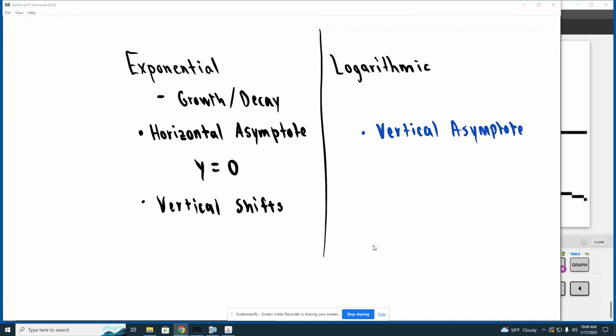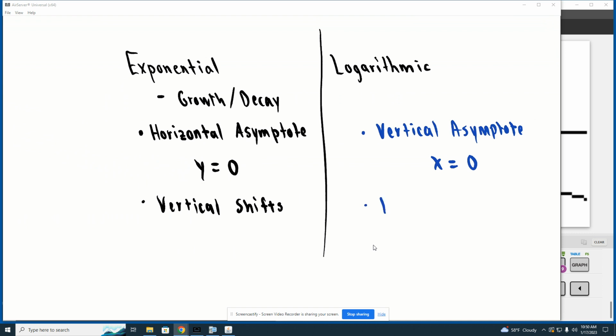If it has not had a transformation, what do you think that vertical asymptote will be? X equals 0. Just like an exponential has y equals 0, defining the horizontal line, a logarithmic has a vertical asymptote that's defined as x equals 0. And the last thing, if a horizontal asymptote was affected by vertical shift, what do you think is going to affect a vertical asymptote?